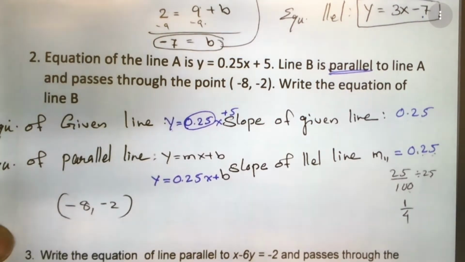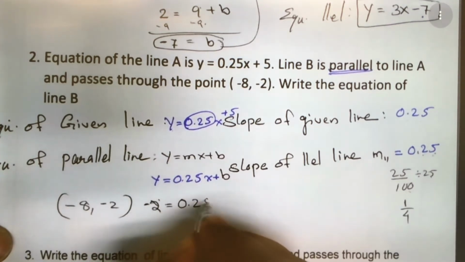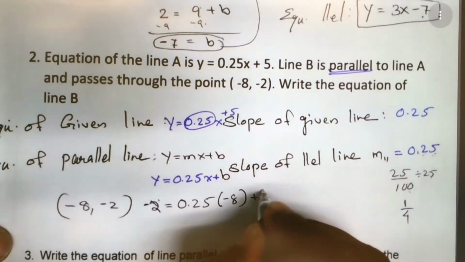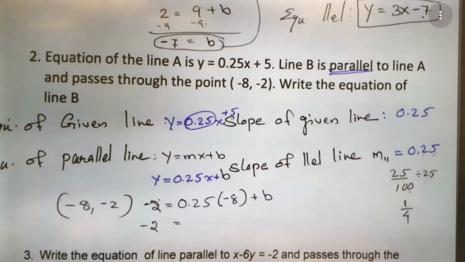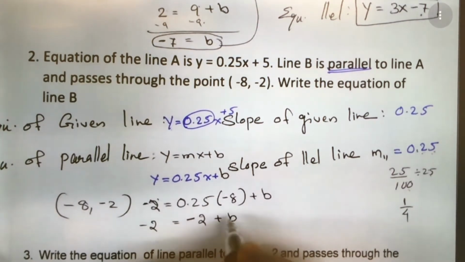I'll get -2 is equal to 0.25 times -8 plus b. So 0.25 times -8 is -2, plus b.